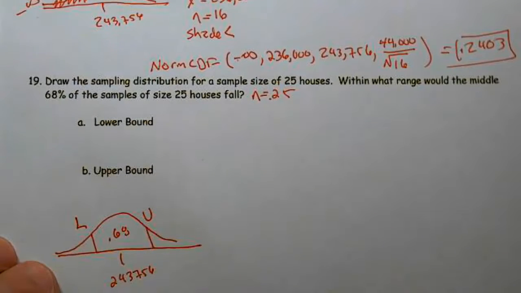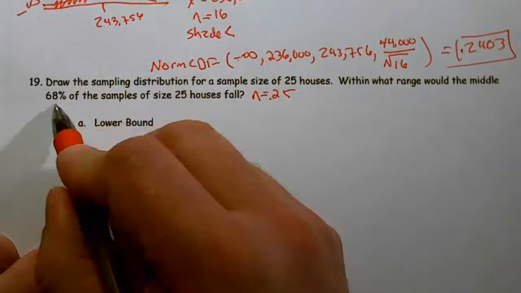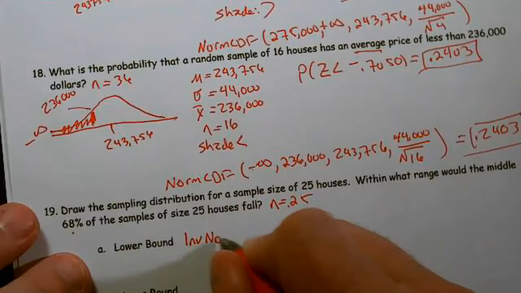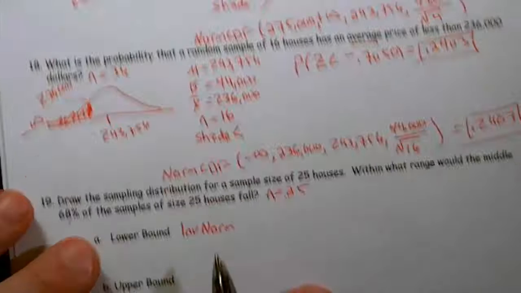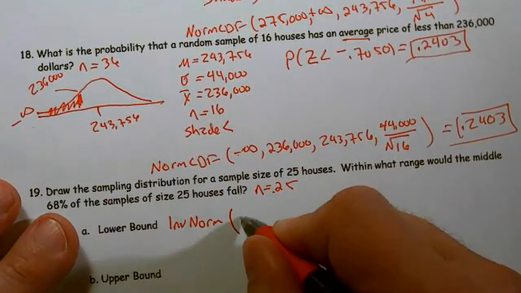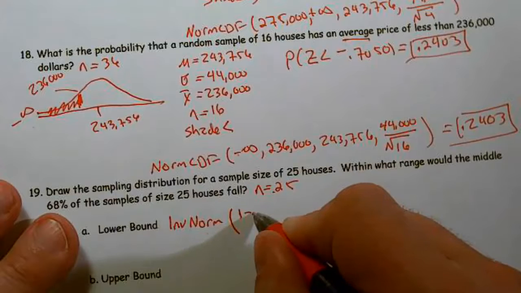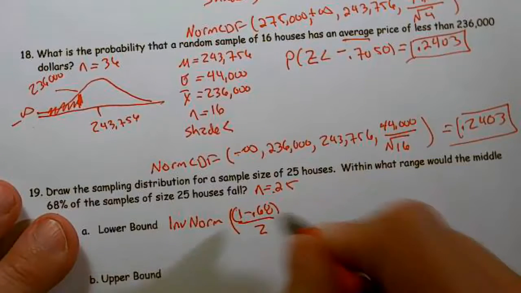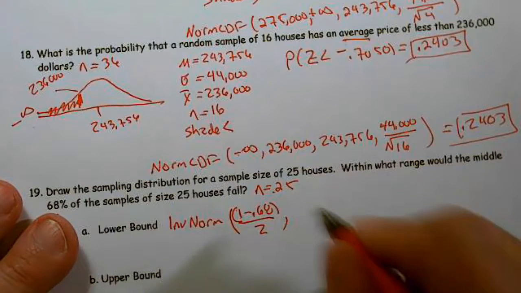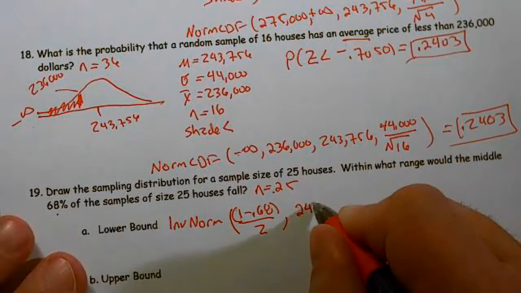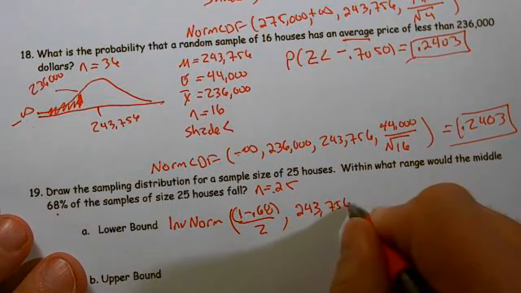All right. Now, in this case, they gave you an area. So since they gave you the area, you know it's going to be an inverse norm. And since it's the center, you're going to have to do a 1 minus. So you're going to do 1 minus 0.68 over 2, mean 243,756.